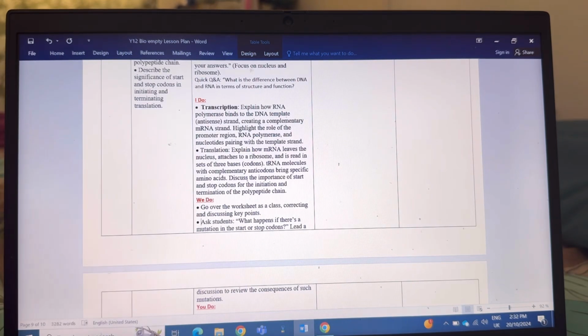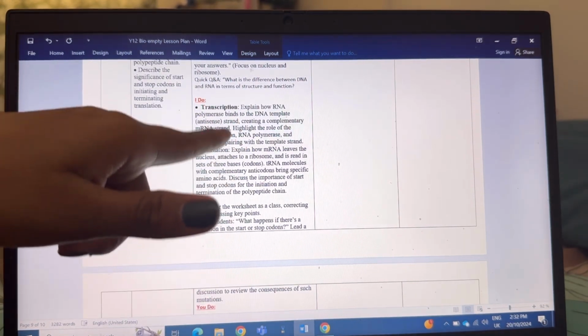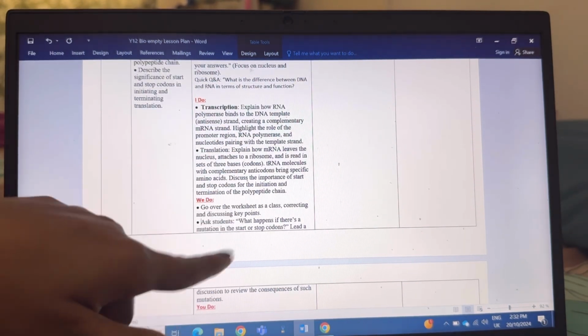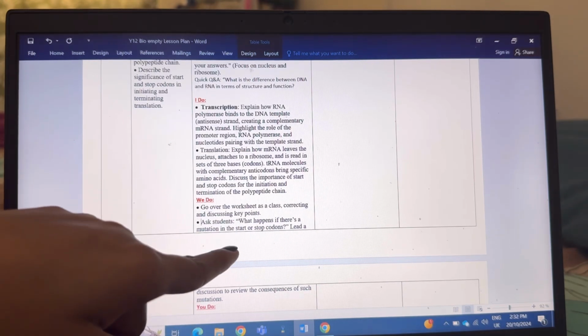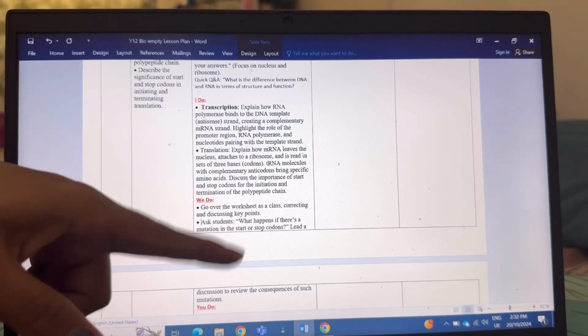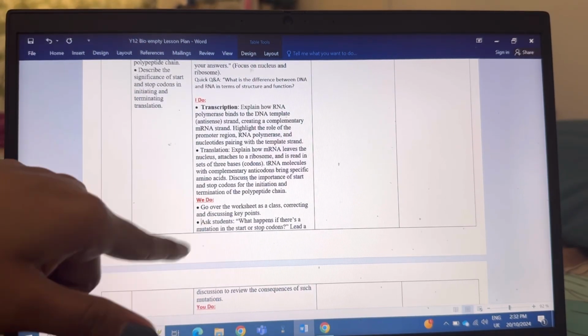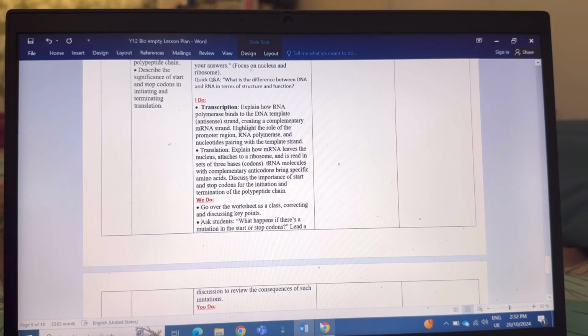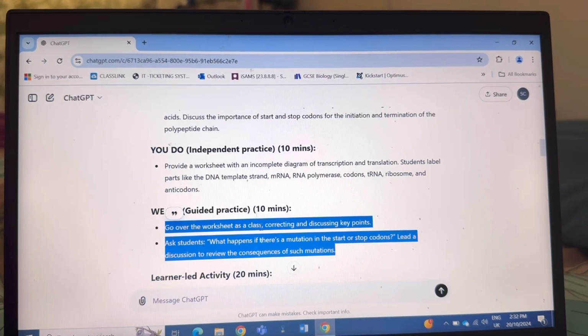In we do, once I explain in I do, I'll give them this question and we both together will discuss what can be the answer for this. That is called we do, where we have guided practice. They write the answers, but it is guided by the teacher.